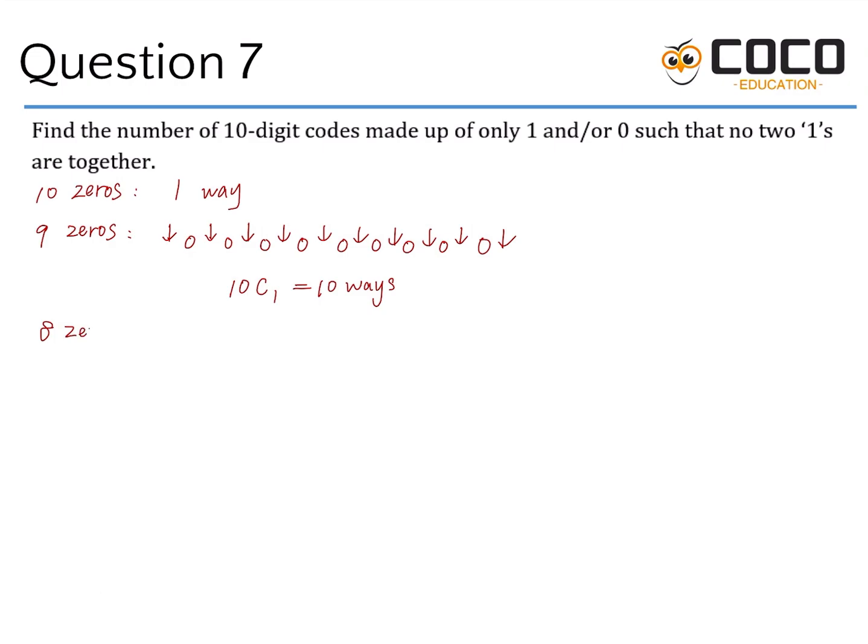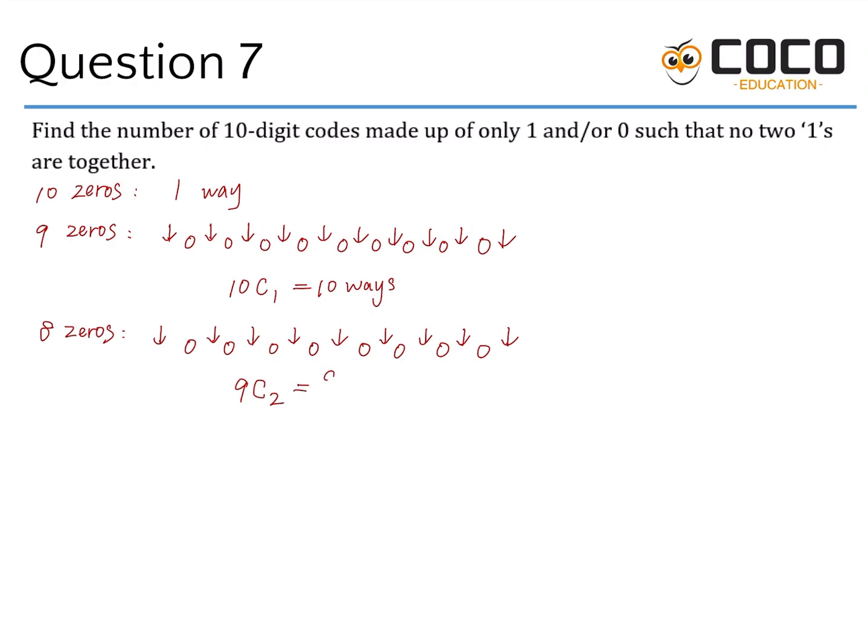Then if we have 8 zeros, so 1, 2, 3, 4, 5, 6, 7, 8. Now there will be 9 positions for the digit 1. So out of these 9 positions, we have to select 2 since we have 2 digit 1 now.